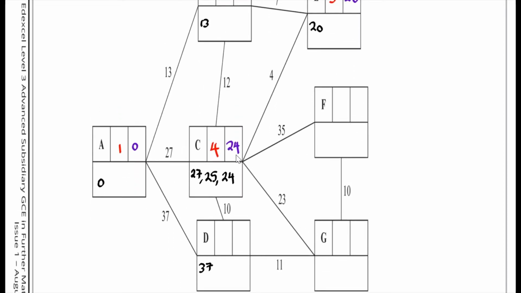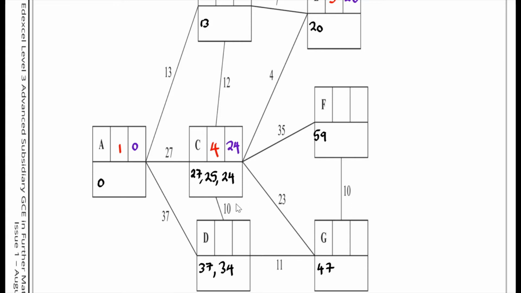Now 24 plus 35, that's 59. 24 plus 23, that's 47. 24 plus 10, you'd find that to be 34. The smallest one, you'd find that to be 34.